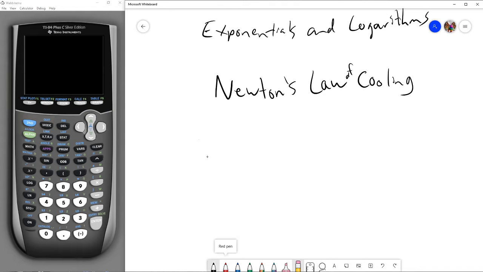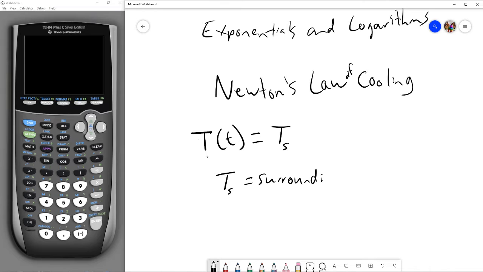We have our temperature, capital T, and that's going to equal T subscript S. So T subscript S is the surrounding temperature. So this means things like the room.